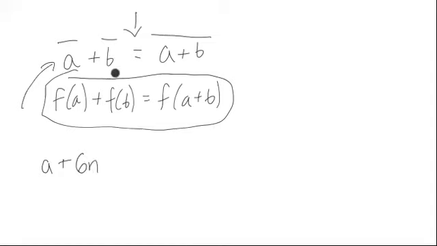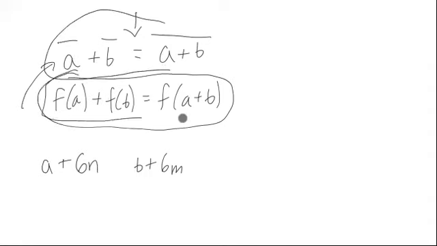Take anything in b bar, that would be like b plus 6m. So take anything here and anything here, and we're going to see if, no matter what a is and b is, we still get this thing holding here. Okay, so let's take a look at that.